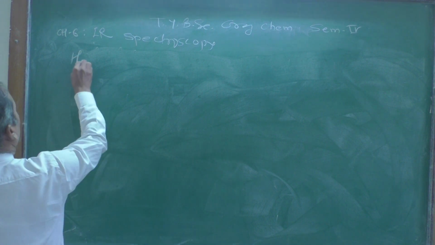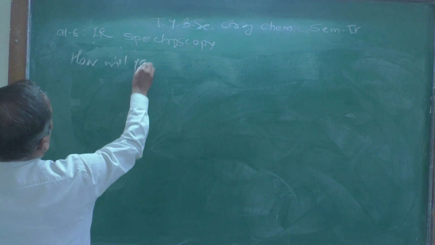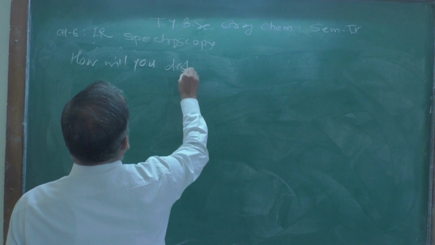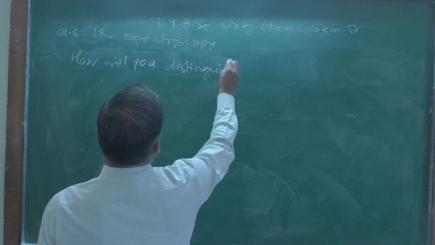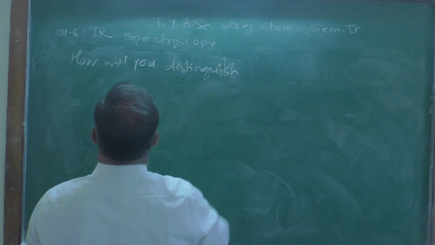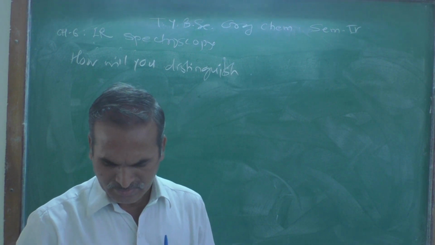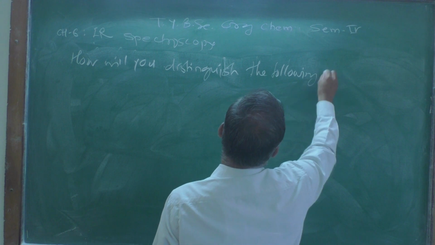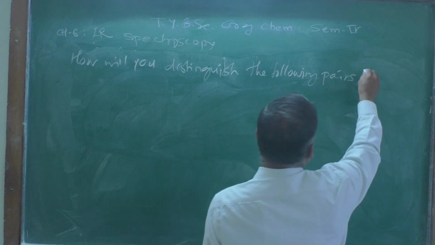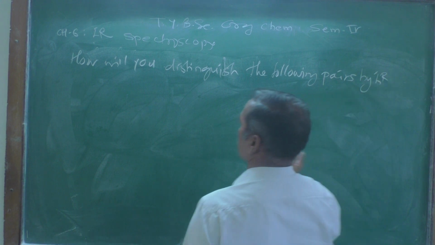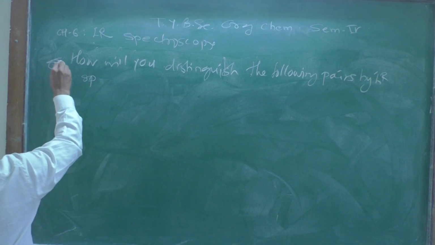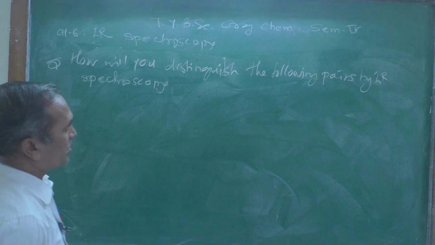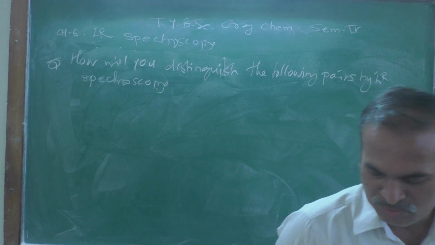How will you distinguish the following pairs by IR spectroscopy?